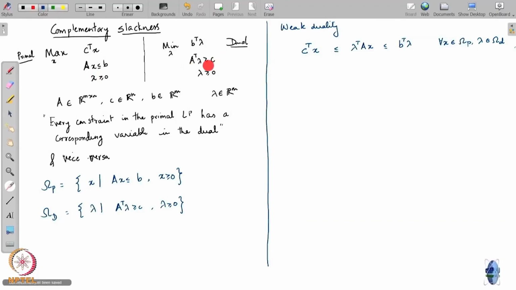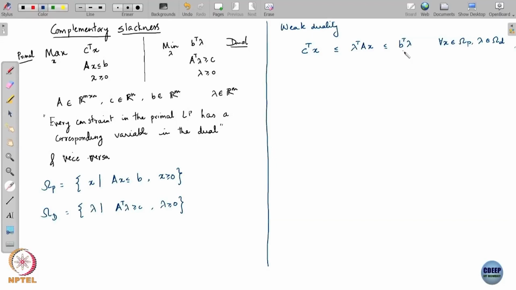That gives me lambda transpose A x is greater than or equal to C transpose x. But lambda transpose A x can be further bounded because A x is less than or equal to b, so it is bounded by b transpose lambda. And again, lambda being greater than or equal to 0 ensures that the inequality is preserved. So this is like what we did in the standard form: you have weak duality here as well.